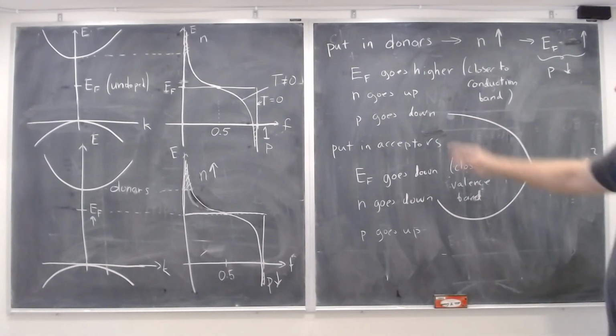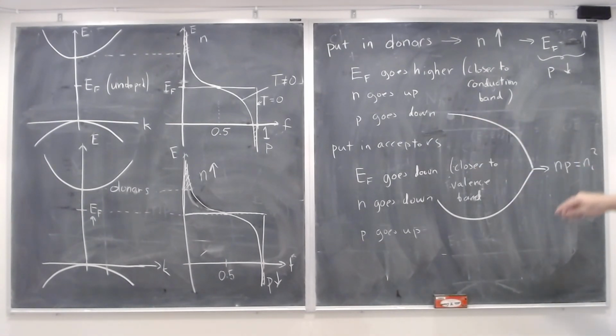If I put in donors, EF goes up, N goes up, P goes down, but their product remains the same. And the same as I put in acceptors. Now, why is it equal to Ni squared? Because at zero doping, each one is equal to Ni. So I've at least shown you a little bit more, at least qualitatively, why that's true.